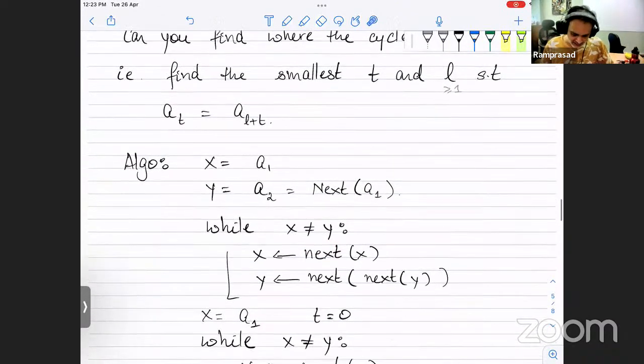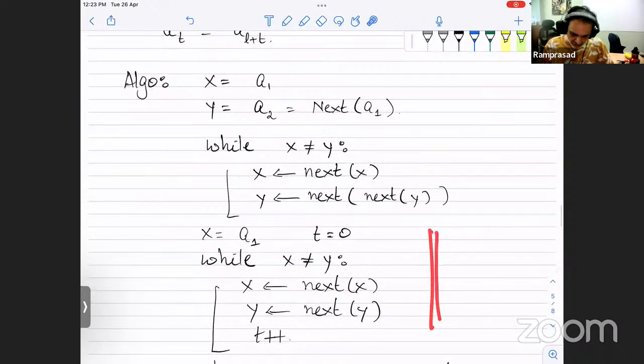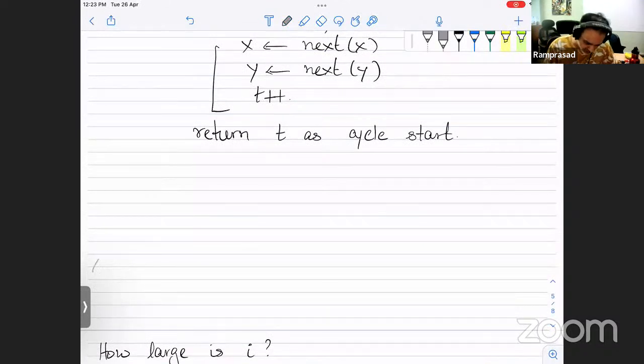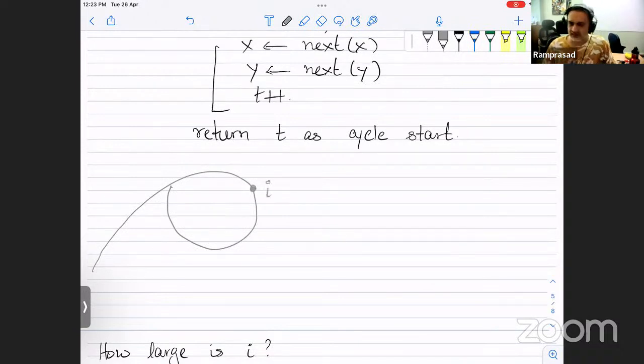Rather than tell you more about this algorithm, let's just look at what has happened so far. The loop was something like this. At some point, maybe you've gotten till here. This is where the hare and the tortoise end up meeting, that is, when X is equal to Y, after i steps.